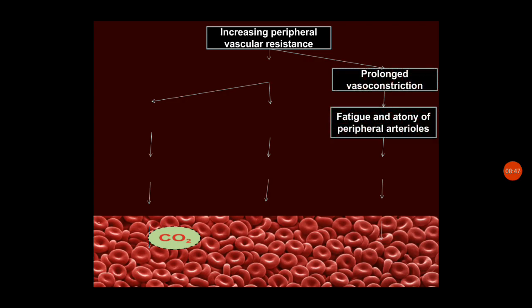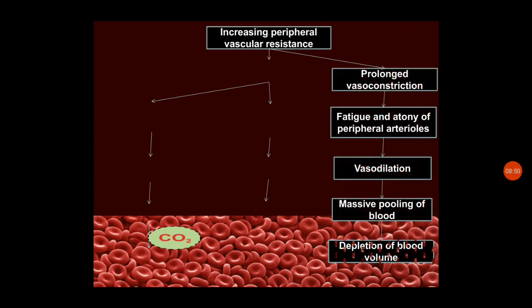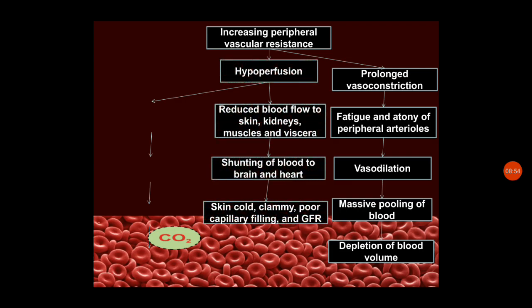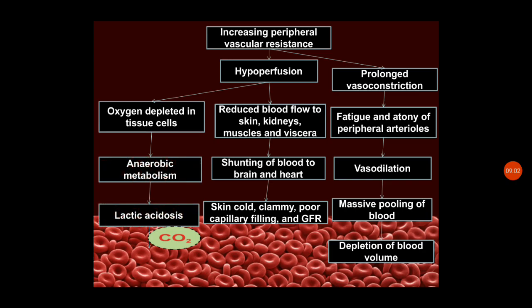One side leads to volume depletion, and the other side leads to hypoperfusion of the extremities and other body organs, with organ failure. And in the respiratory system also, changes occur because of the anaerobic metabolism initiated by the hypoperfusion of the cells. So this is about the pathophysiological changes which can be seen in shock.